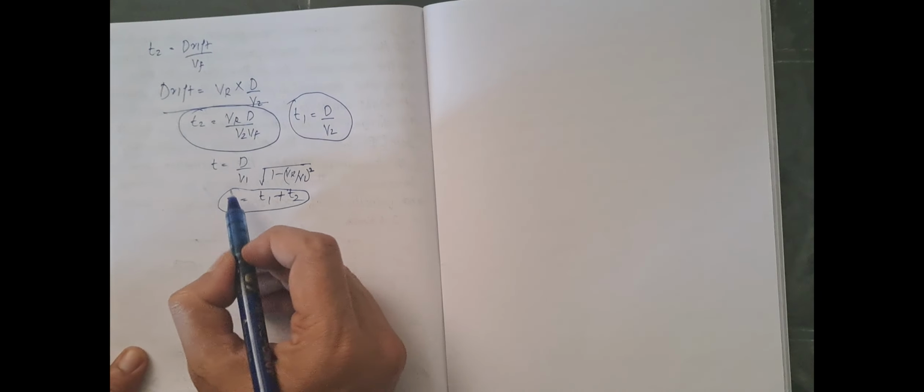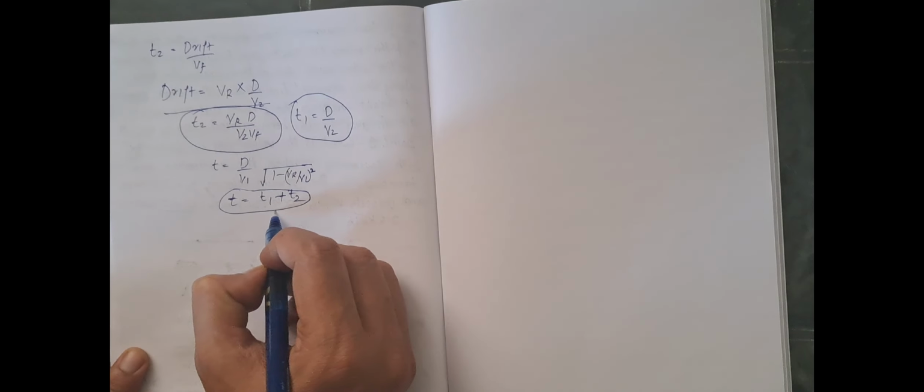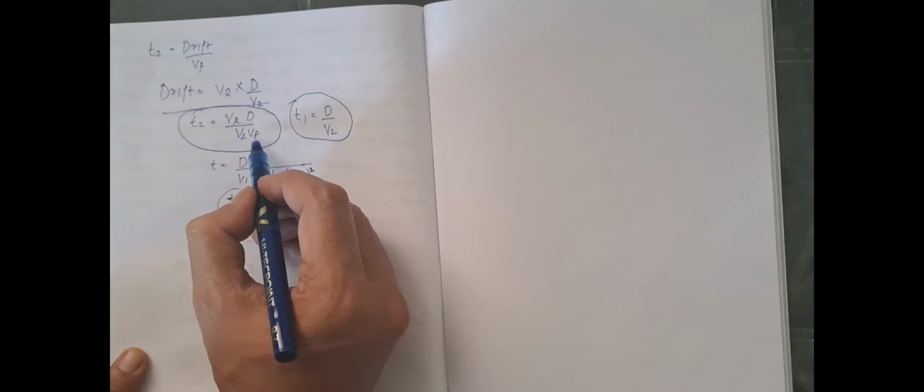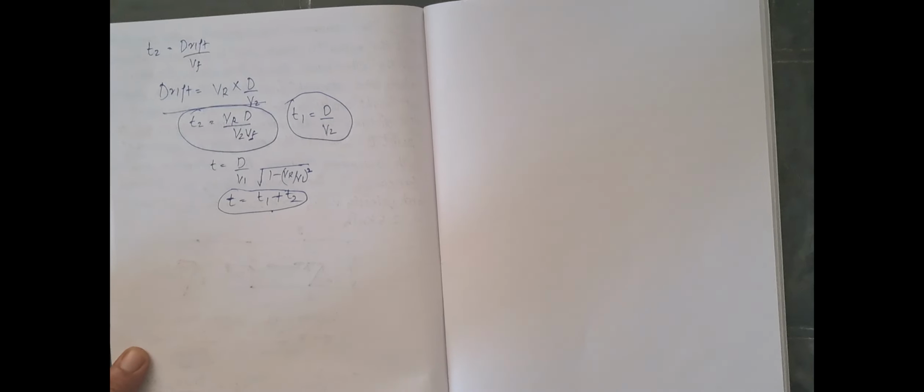If we replace the values in this equation, D will get cut. The only thing that we have to find out is Vf, which we can easily find out. I generally leave my questions at a stage where all that you have to do to come to the exact answer is rough calculations, right?